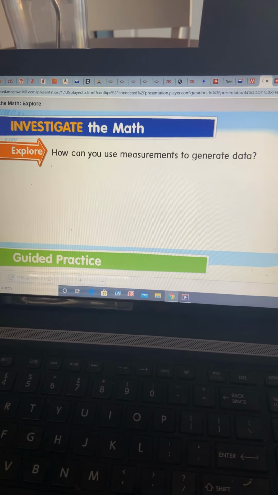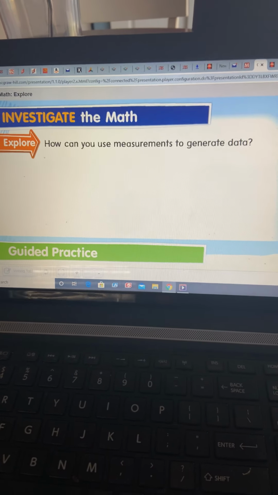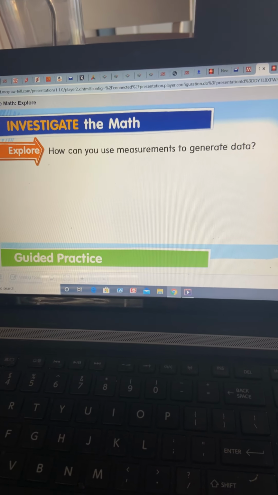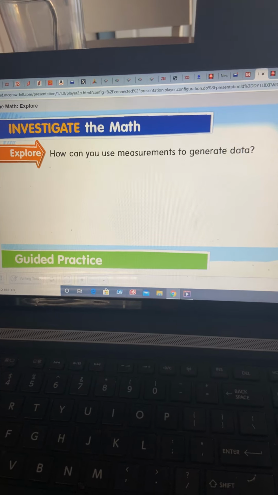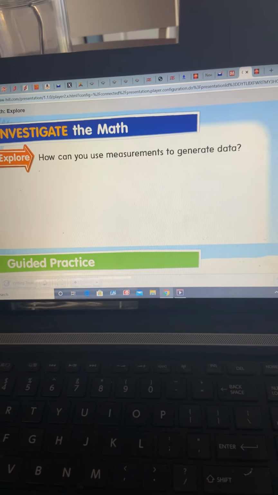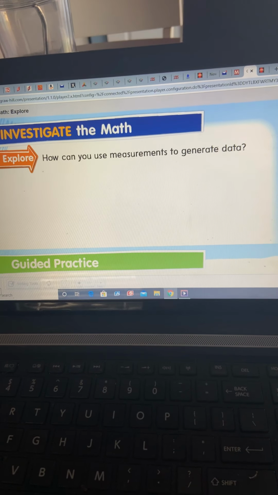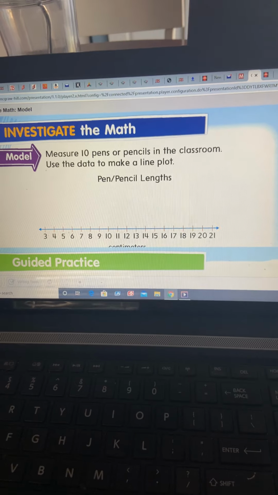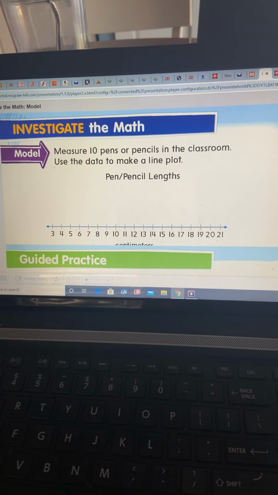But if you pick up a crayon, a marker, a couple of pencils that have been sharpened, if you can find as many as you can, and then you measure them, and then you record the data, and then you can make something that we've learned before, okay, which is a line plot.